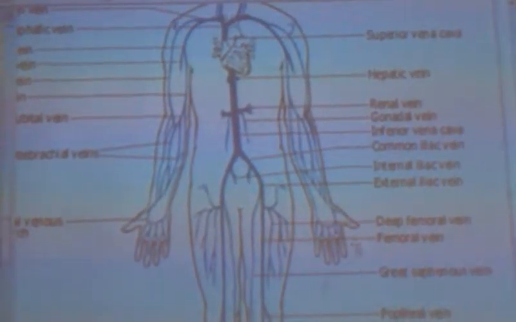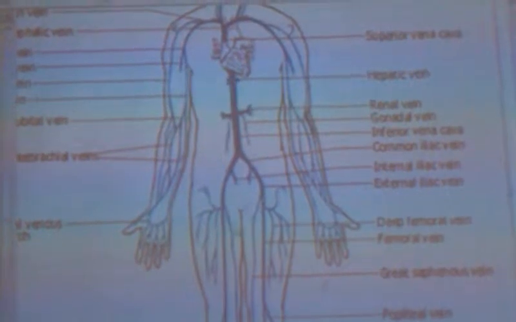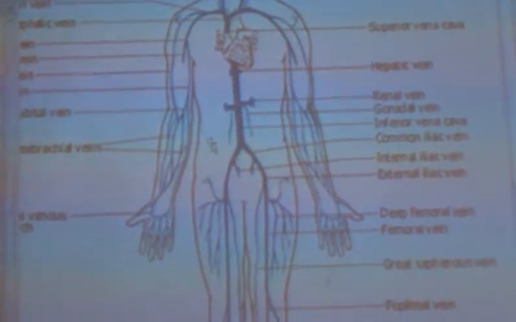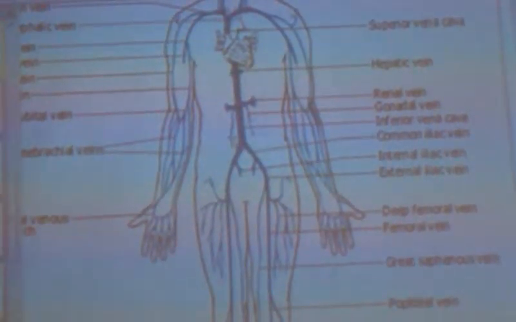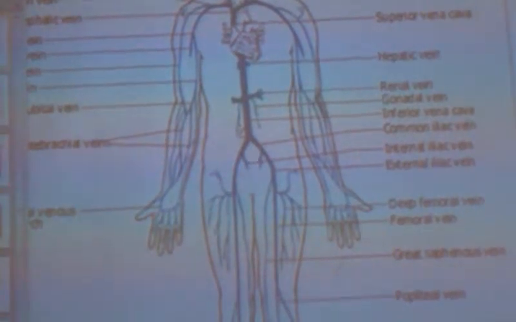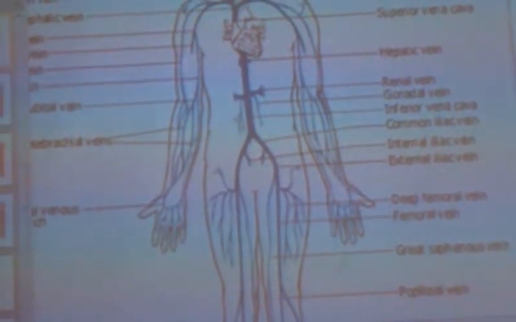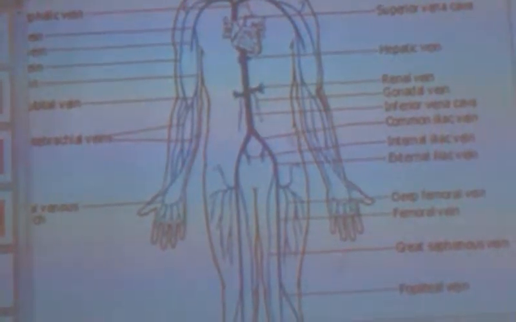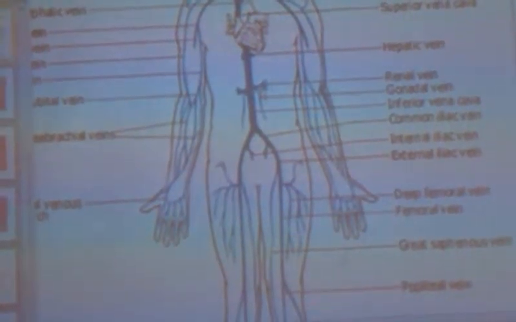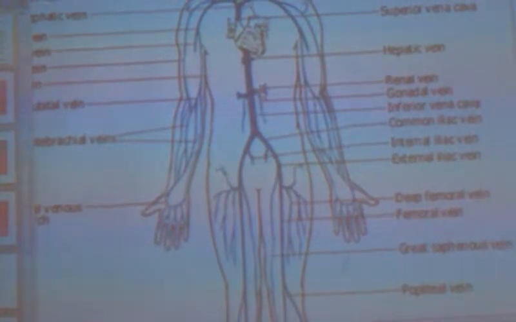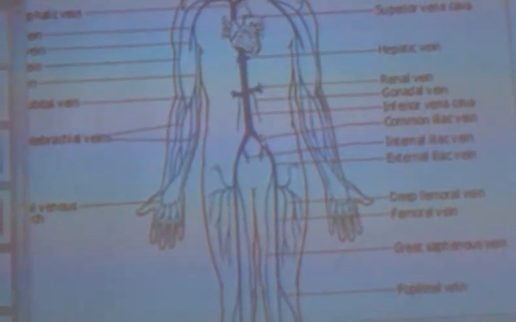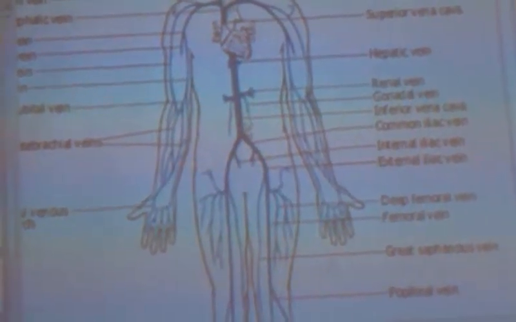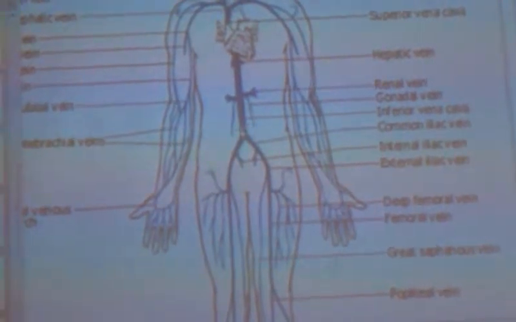Abdominal venous drainage, hard to see from this, but from the gonads in the pelvis, we have the right and left gonadal veins. Okay, our right gonadal vein will go right into the inferior vena cava, but the left gonadal vein drains into the left renal vein. Okay. We also have our superior and inferior mesenteric veins. We don't see them here.